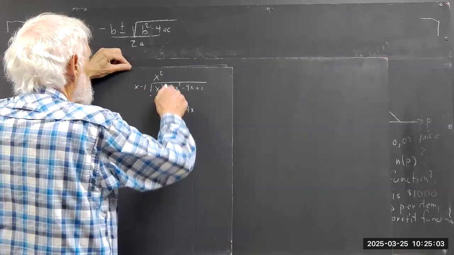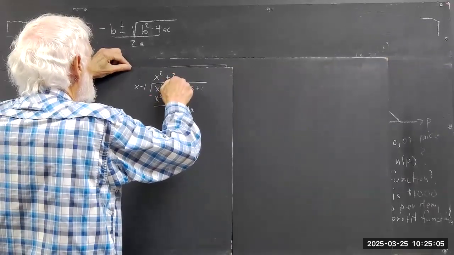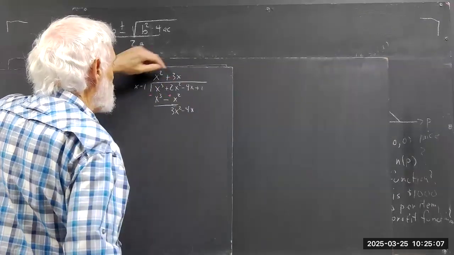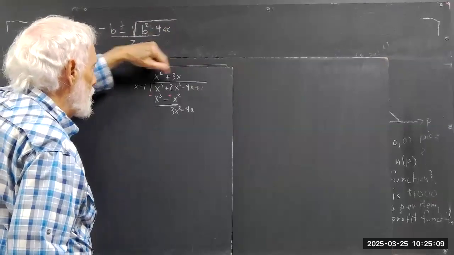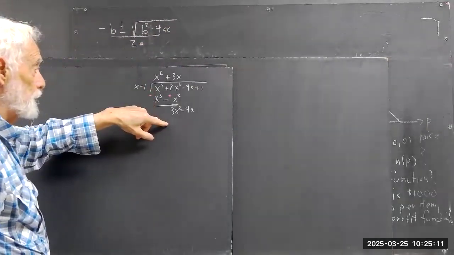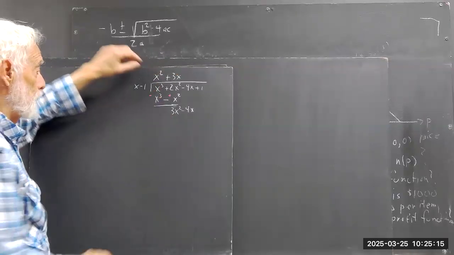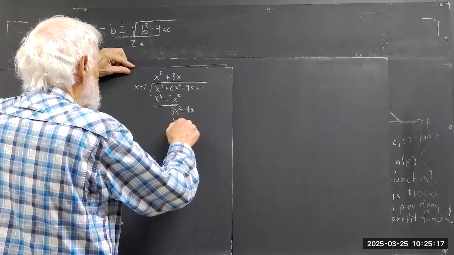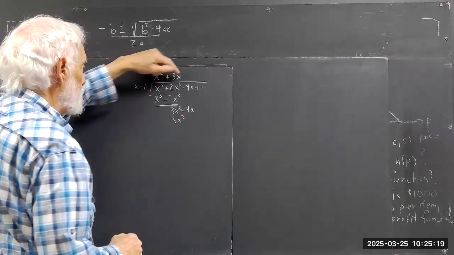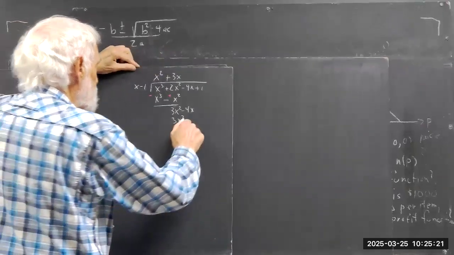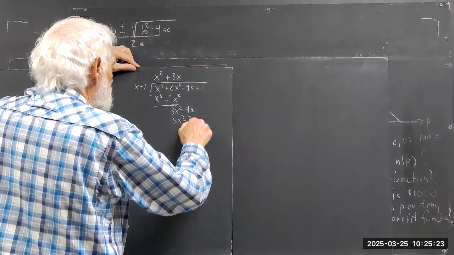Then x goes into 3x squared. How many times? You can ask yourself, what would I have to multiply by x to get 3x squared? Well, I have to multiply 3x by x to get 3x squared. So we have 3x, and then the 3x times the -1 is negative 3x.